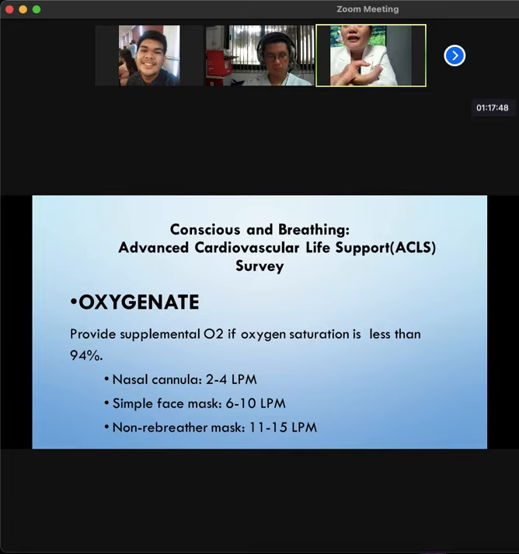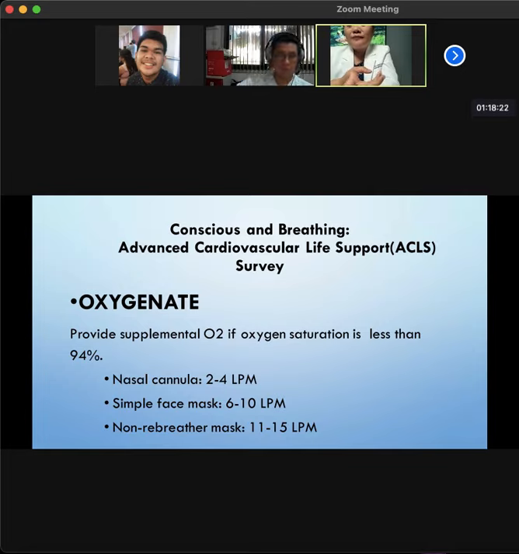So, after checking your O2 sat, if the O2 saturation of your patient is less than 94%, then you can give 2 to 4 LPM if you have nasal cannula only. If the available equipment in the hospital is your face mask only, then you can give your oxygen at 6 to 10 LPM.